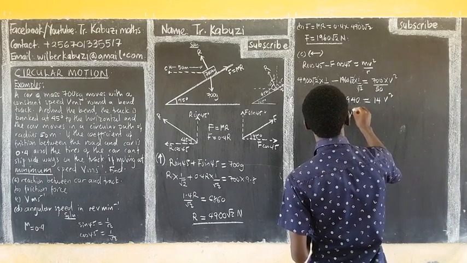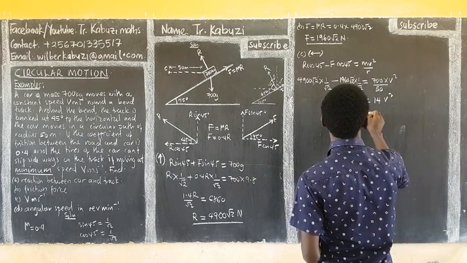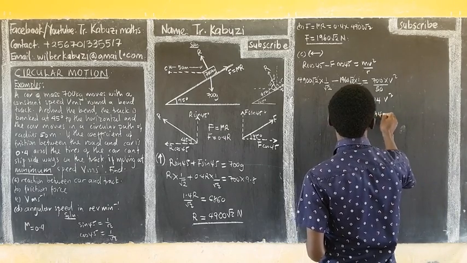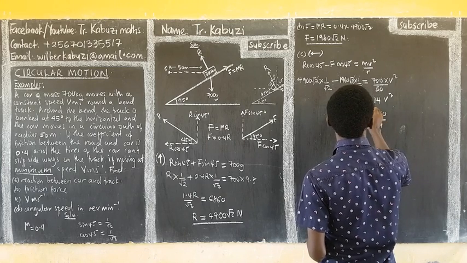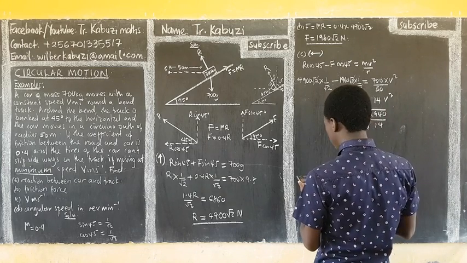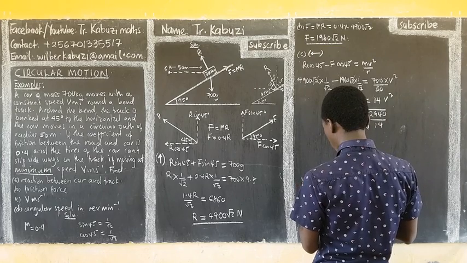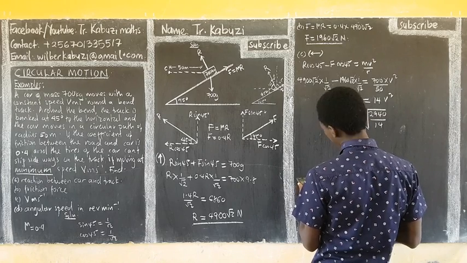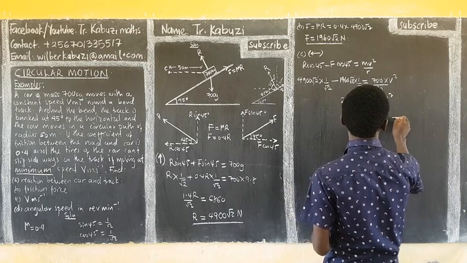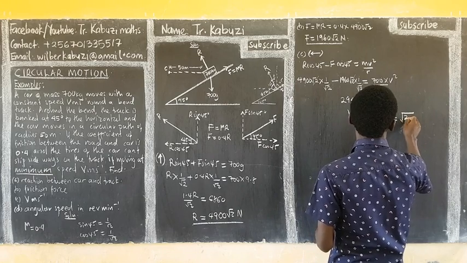So here our v is going to be 2940 divided by 14, then you get a square root. So that is going to be 2940 divided by 14. So this will give us a root of 210.